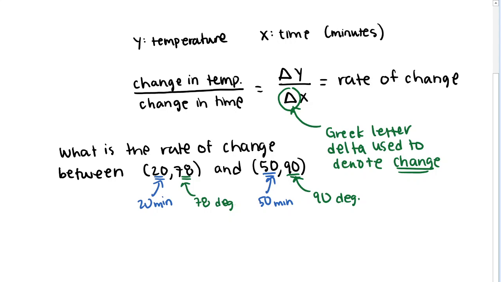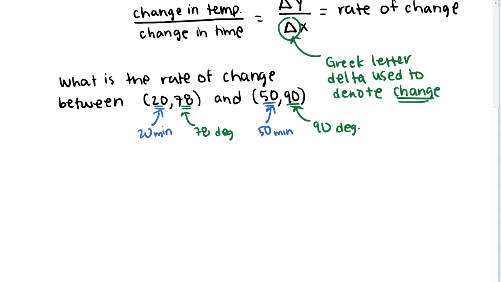And so if we want to figure out the rate of change between these two different points of time in the oven, we just need to figure out the change in the temperature, the delta y, divided by the change in the time, delta x. And so here, the change in y is how much change there was to get from 78 degrees to 90 degrees.